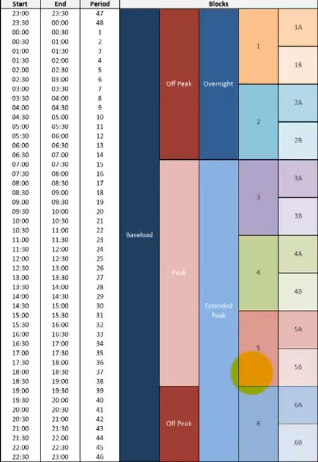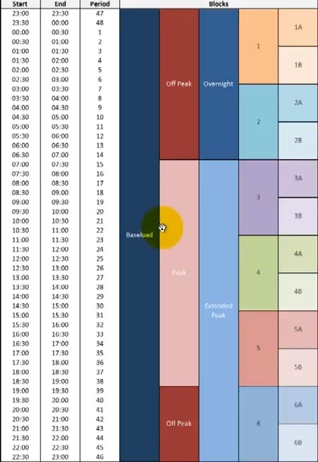And each 4-hour block we can also think of being subdivided into two 2-hour blocks. So you have a block 1 product that runs from 11 p.m. until 3 a.m. but it's subdivided into block 1A and 1B. Similarly, block 2 running from 3 until 7 is subdivided into 2A and 2B, so on and so forth for 3A, 3B and so on.